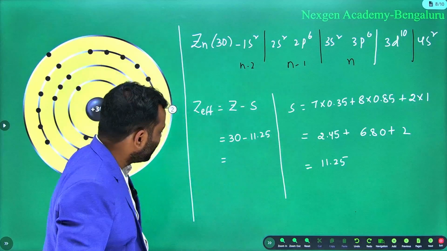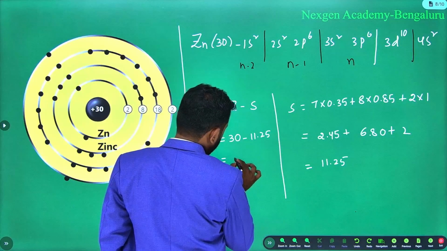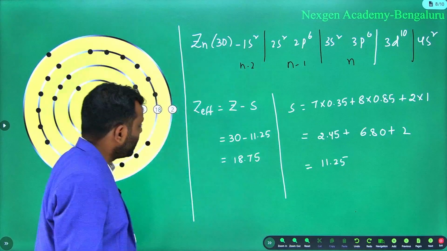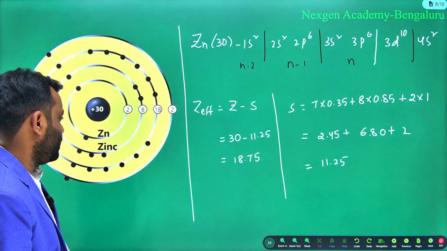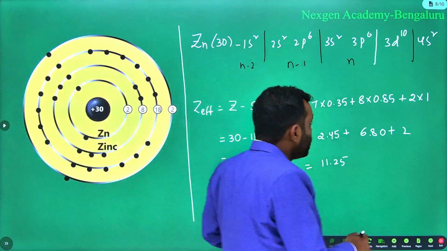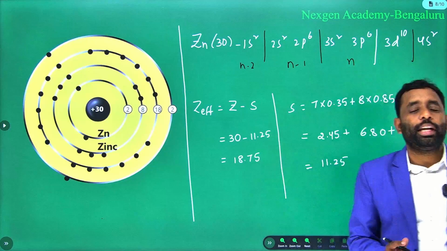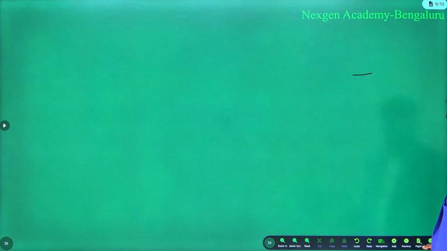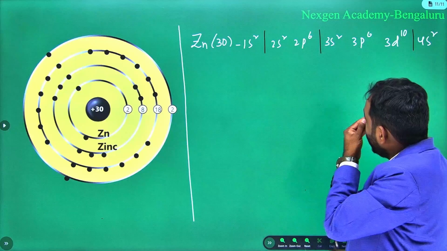How much? 18.75, is that right? That's it. Look at that. The 3s or 3p electrons are experiencing more than 18 protons of attraction instead of 30. So can't you calculate it? Similarly, now you calculate for 2s, 2p and 1s also.